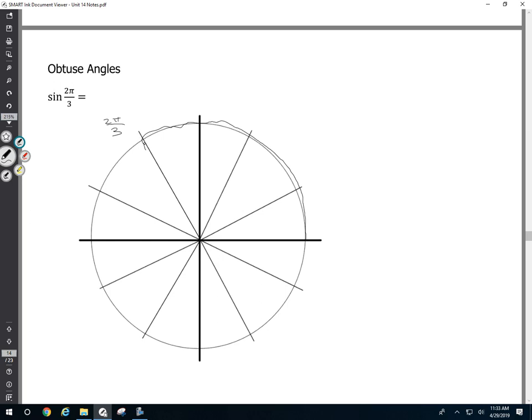But turns out, I'm not going to get into the proof of this, that if we look at this angle here, which is created between the x-axis and 2 pi over 3, it's going to be the same value. The acute angle that's made between the x-axis and the angle.